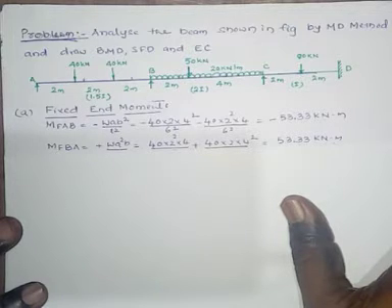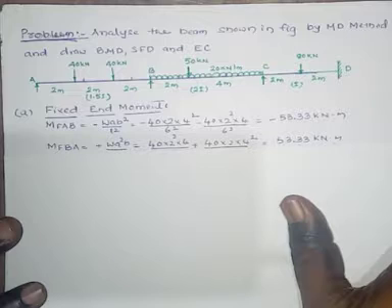For that a is 2 meter, b is 4 meter, L is 6 meter, that is minus 40 into 2 into 4 square divided by 6 square. For the second point load, a is 4 meter, b is 2 meter, then you can calculate W a b square by L square, which is minus 53.33.